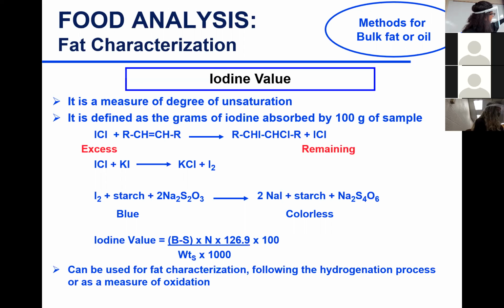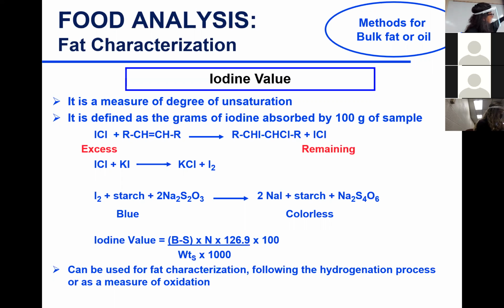So all of the ICl is available to react with the potassium iodide, so you generate the maximum amount of iodine. So you have the highest amount of iodine generated, so it takes the highest amount of sodium thiosulfate to neutralize the reaction. Therefore, the blank has the highest value.